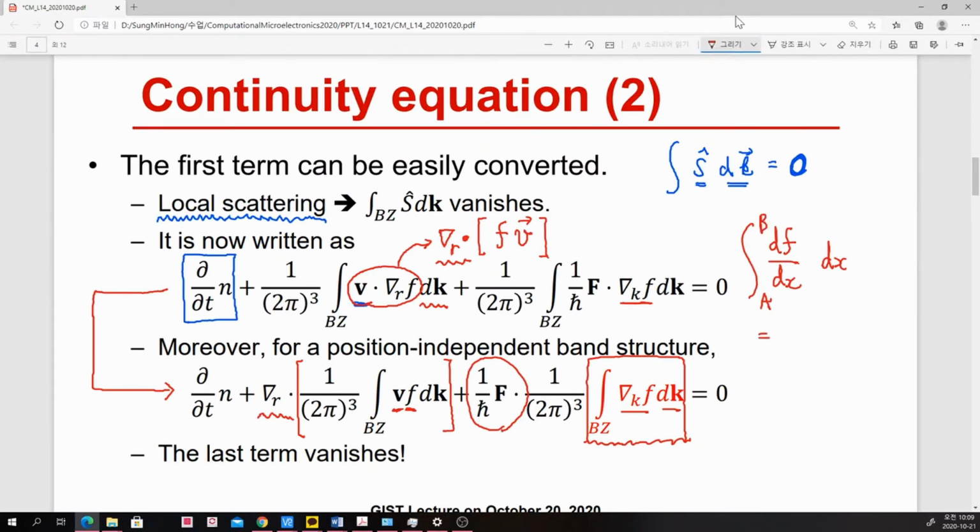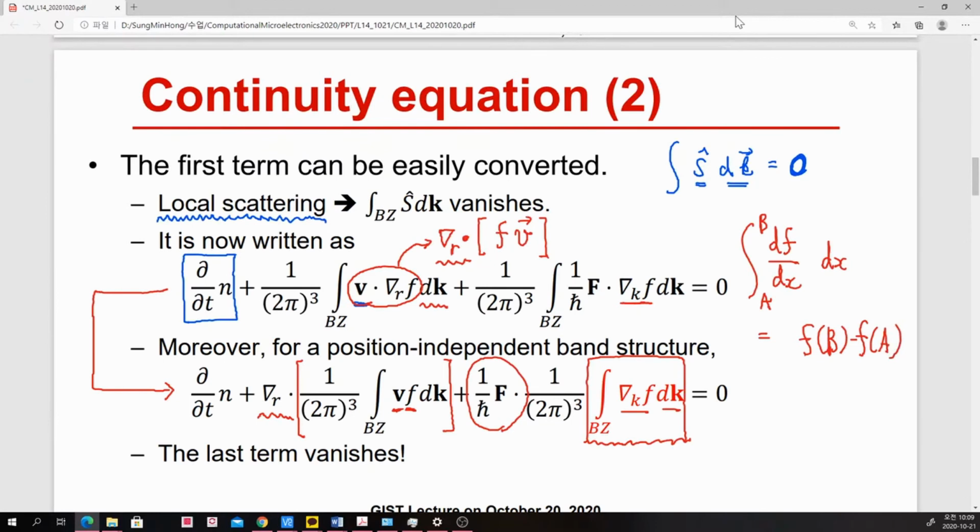You will have just F evaluated at B minus F evaluated at A. The boundary values of your integral range are required.